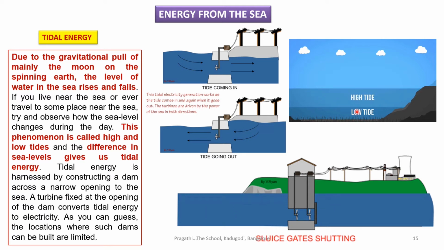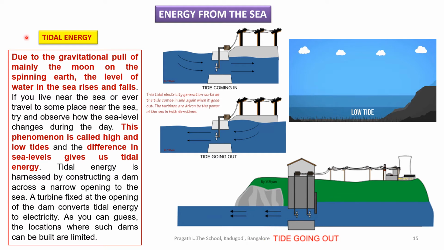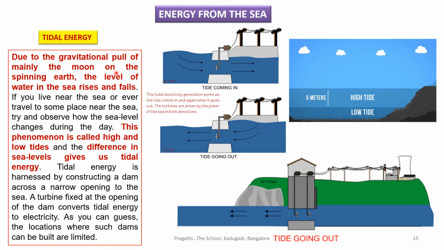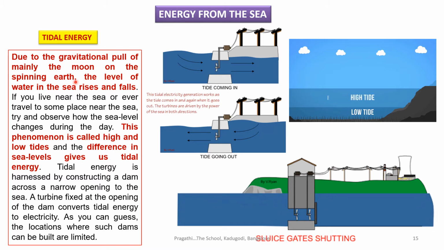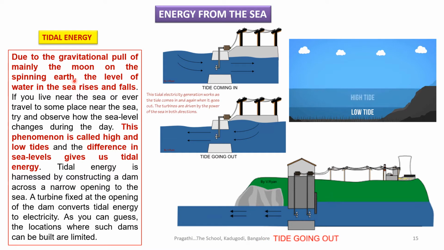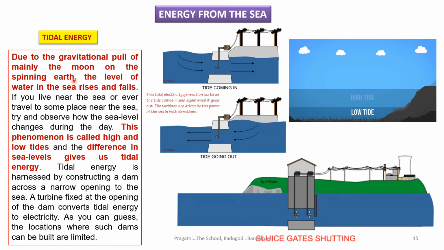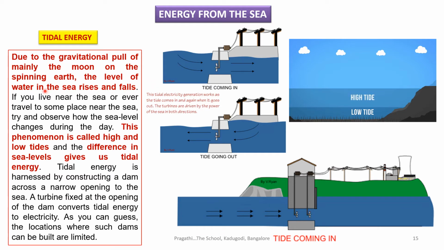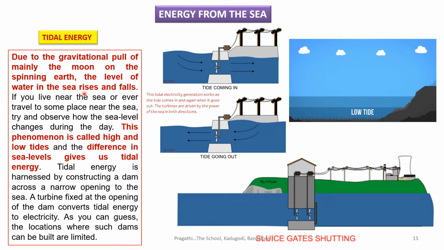We have low tide and high tide. What is a tide? We will see that. Due to the gravitational pull of mainly the moon on the spinning earth, the earth is rotating, the moon is also revolving around the earth, and there is attraction between the moon and the earth. So the level of the water in the sea rises and falls.